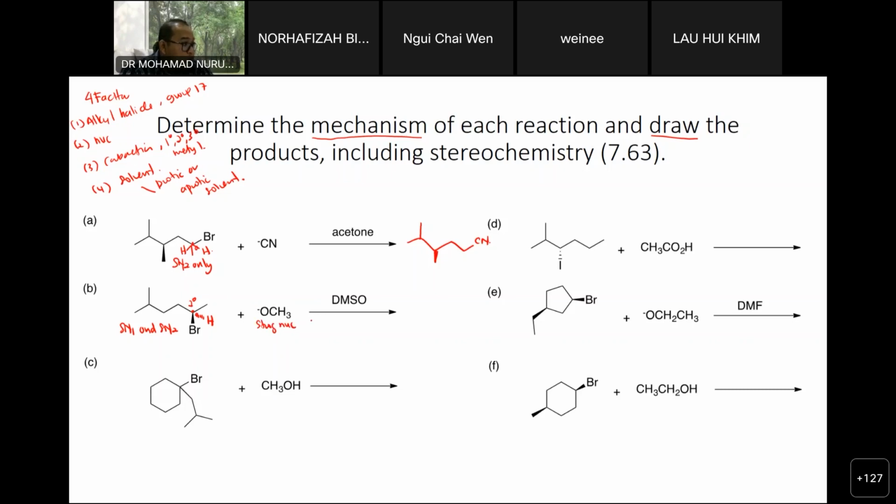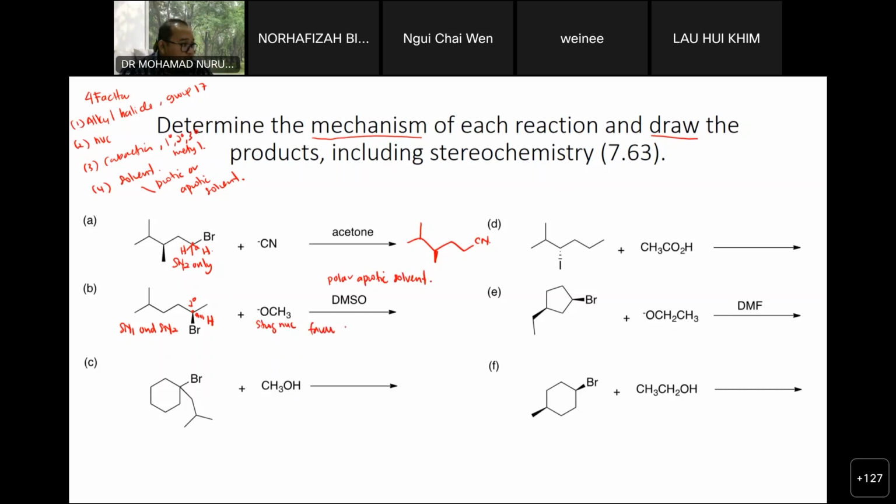This one is also a polar aprotic solvent. So both of these favor SN2.